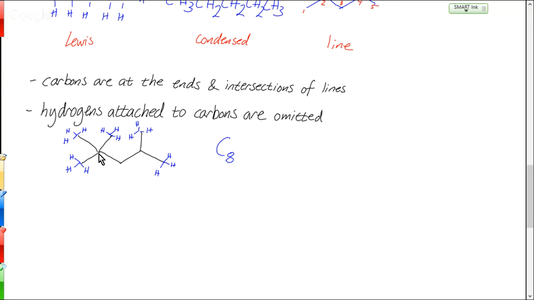All right, so let's look at some of the other ones. What about this carbon right here? How many hydrogens there? We got some different numbers here. Well, let's see. How many bonds is this carbon already connected to? 1, 2, 3, 4, right? So does it need any hydrogens? It doesn't. It's full. So there are no hydrogens at that carbon.